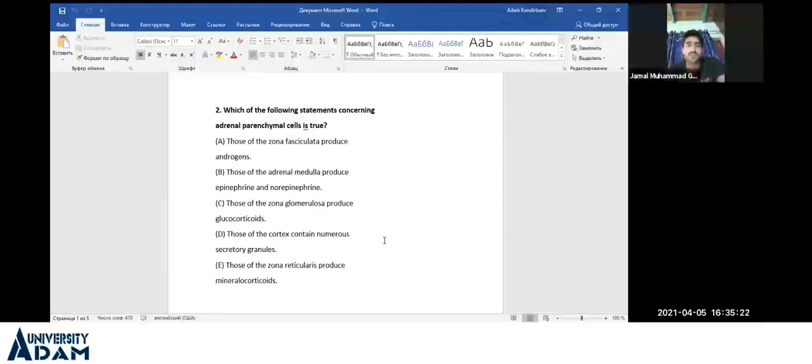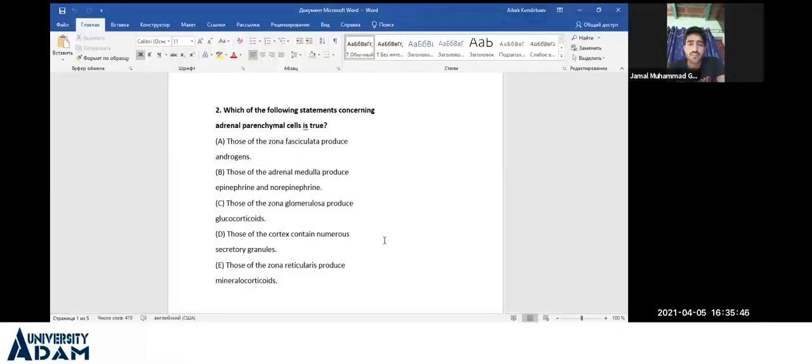Which of the following statements concerning adrenal parenchymal cells is true? A, those of the zona fasciculata produce androgens. B, those of the adrenal medulla produce epinephrine and norepinephrine. C, those of the zona glomerulosa produce glucocorticoids.